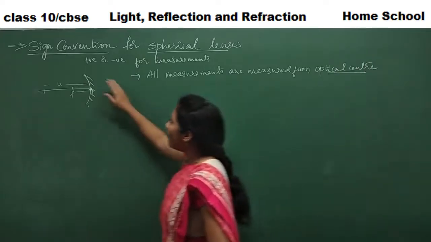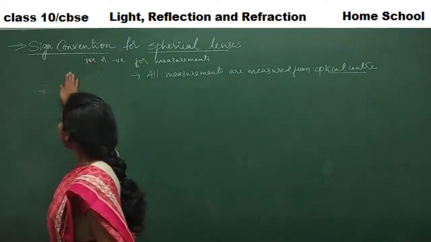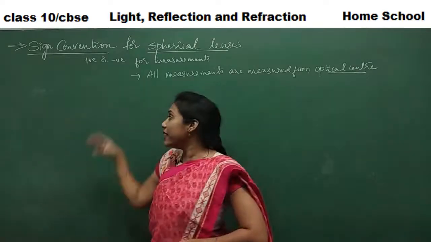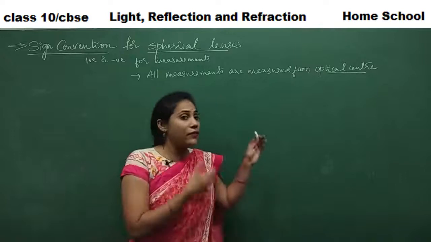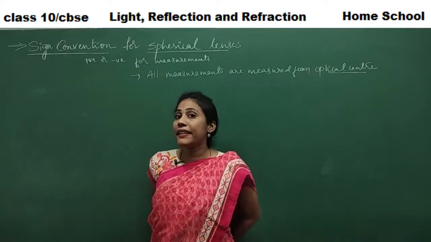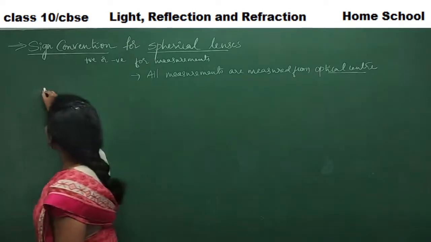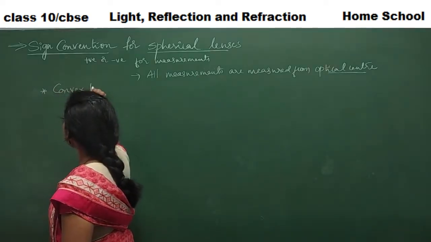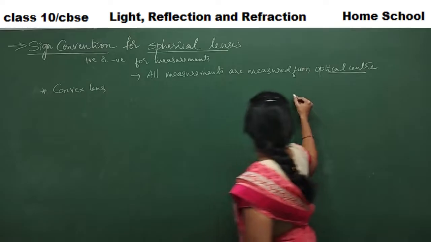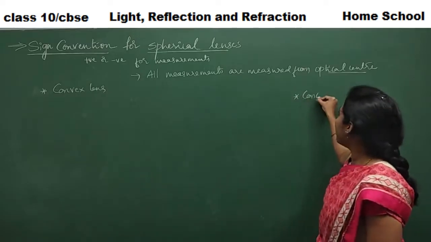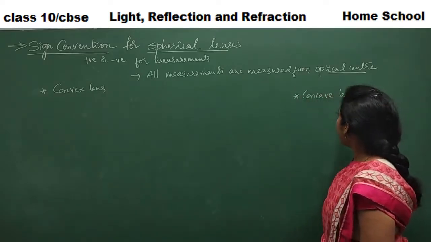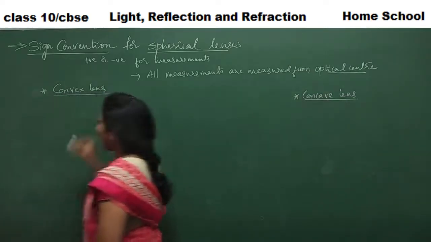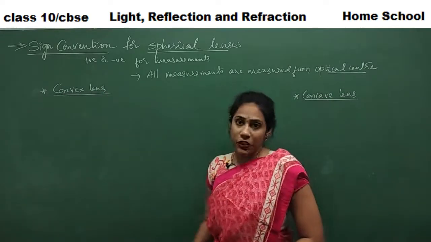Now let us see what signs are given for what measurements in case of convex lens as well as concave lens. First and foremost, on this side I will consider the convex lens, and here let me consider the concave lens. So separately we will come to know the signs that have to be given for different measurements.